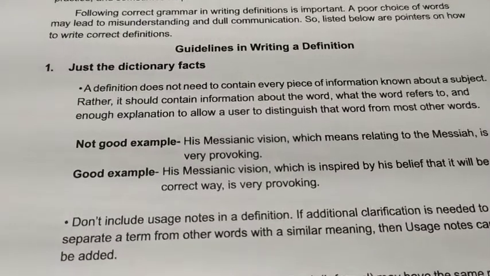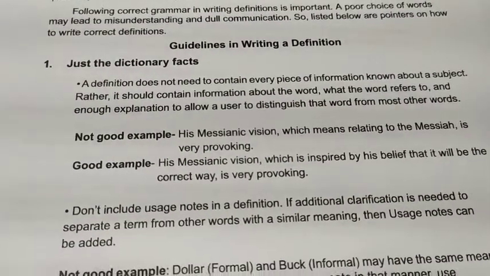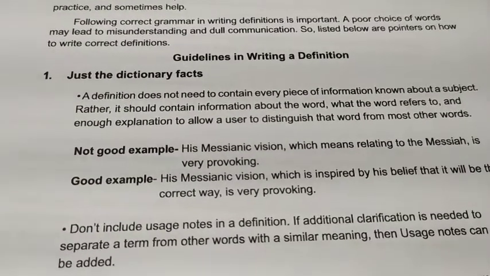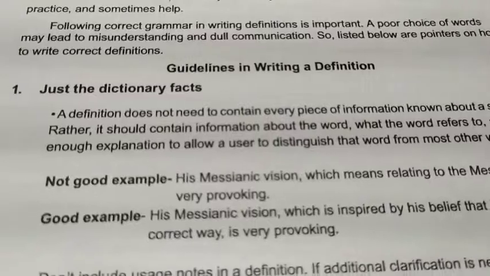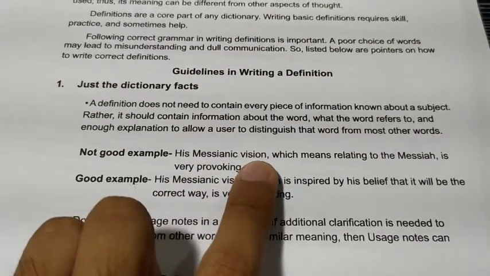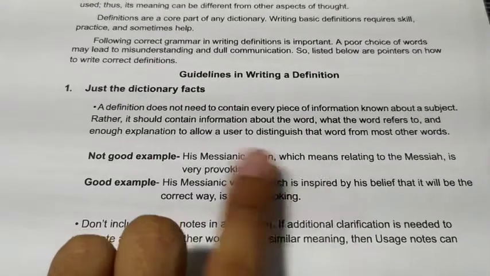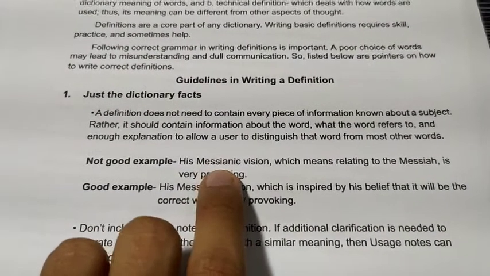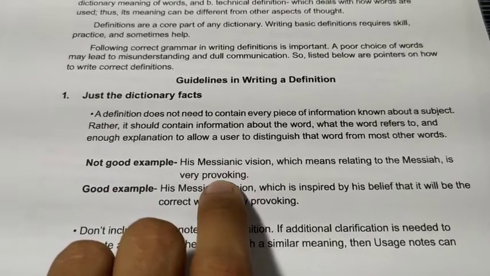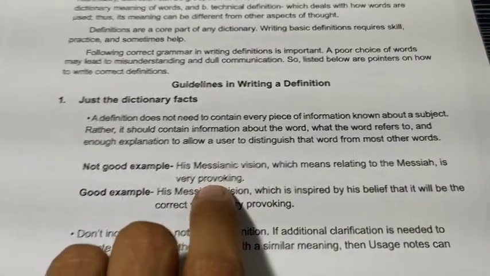Example, his messianic vision, which means relating to the Messiah, is very provoking. So here we can see that the messianic vision, it is relating to the Messiah, meaning it defined what messianic vision is and how it is.